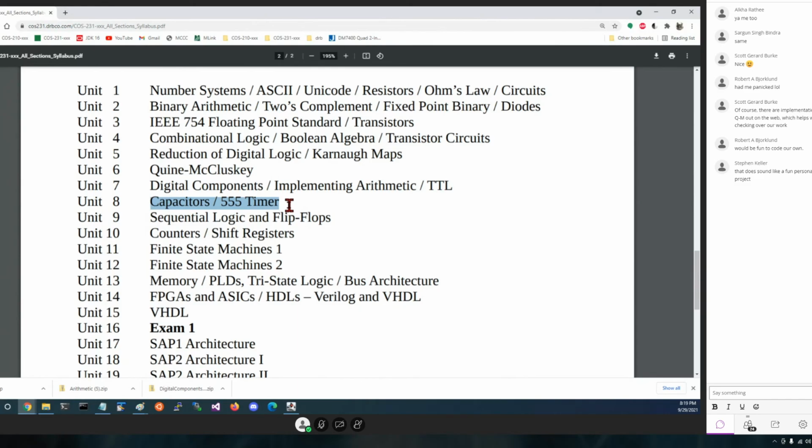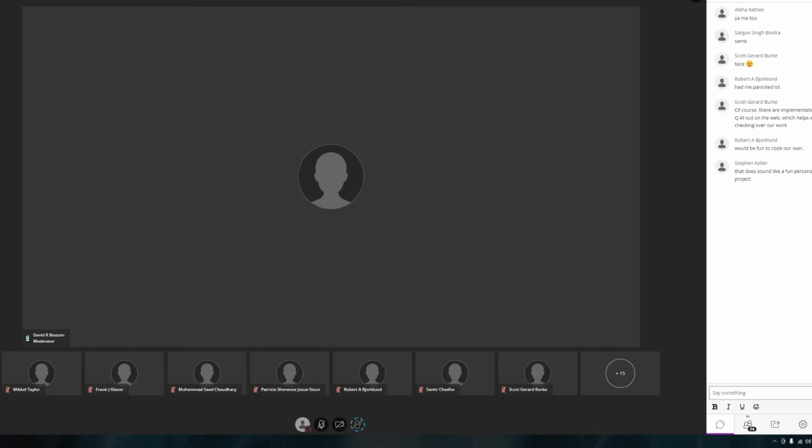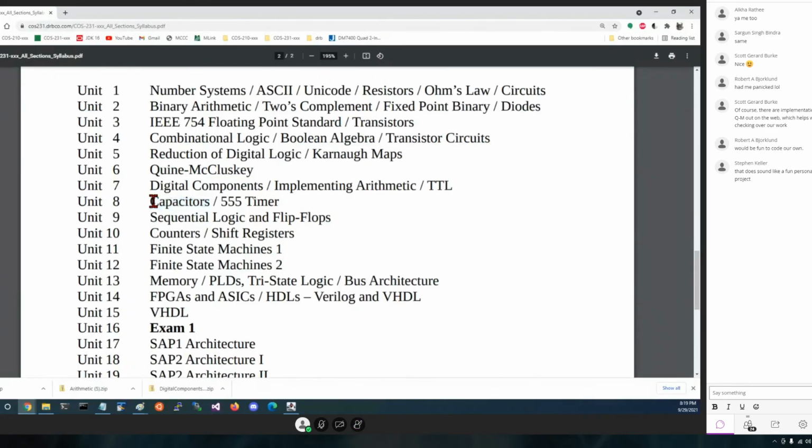Might be that I just go down the roster and I ask each of you a question. Could do that. Twice, ask each 2 questions. In any event, you kind of expect that there might be an activity during Unit 8 somewhere, because quite honestly, we can cover the capacitor thing fairly quickly. Well, maybe not. Depends on which part I'm going to. Sometimes I do an extra unit with that, or it's a subunit of that.